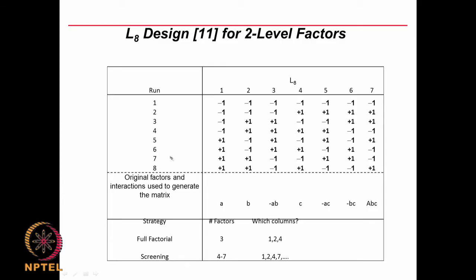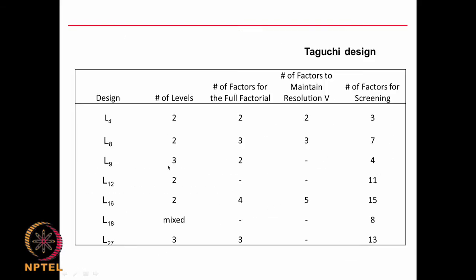So, the 8 tells you the number of experiments. If you look at the L8 design, 2 levels, if I have 3 factors it becomes full factorial, right, 2 raised to the power 3 is also full factorial. But if I want to do screening I can go up to 7, it is almost like your Plackett-Burman. If I want to get resolution 5, then I stick to only 3 factors.